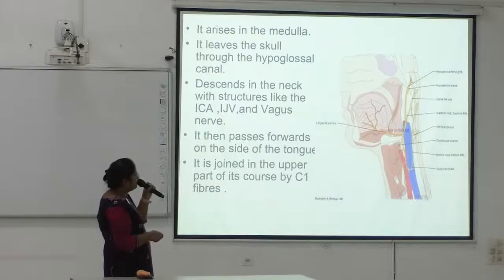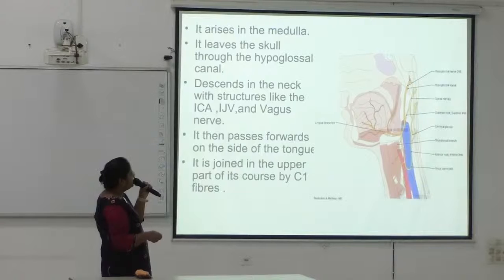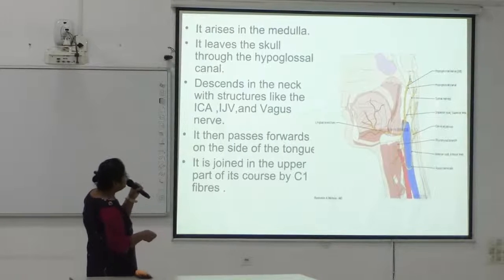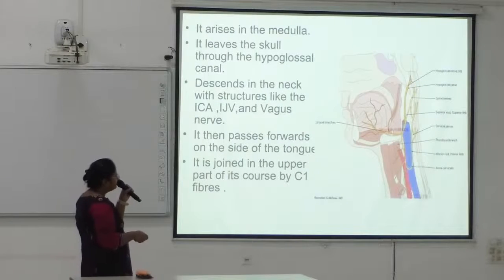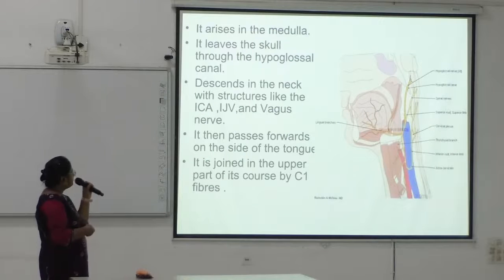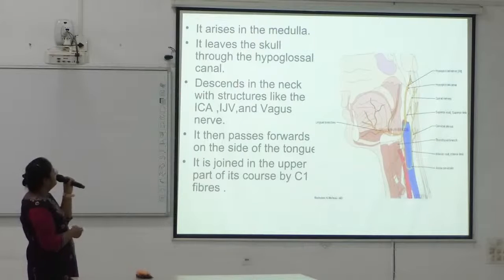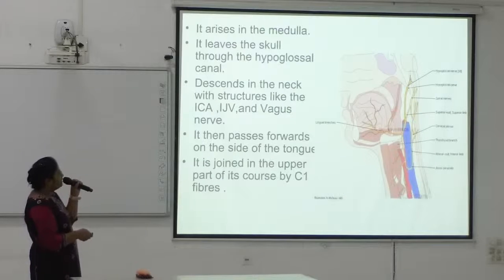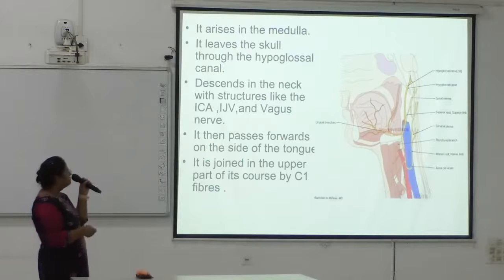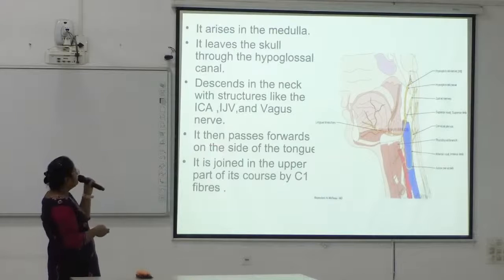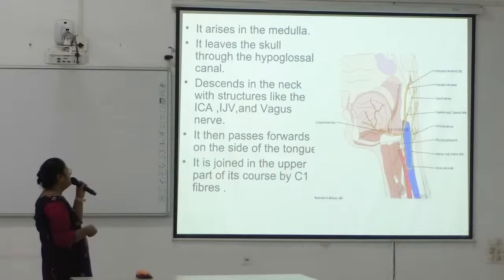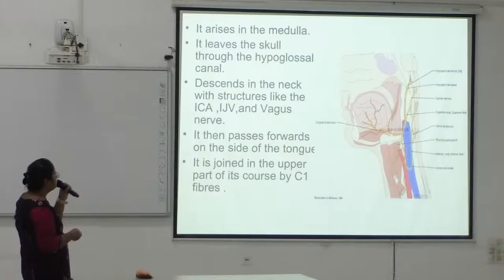So it descends in the neck along with structures like the internal carotid artery, internal jugular vein, and vagus nerve, that is, over the carotid sheath, and then passes forward on the side of the tongue, joined by C1 fibers.